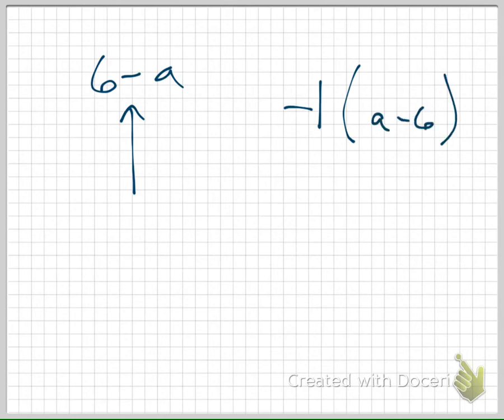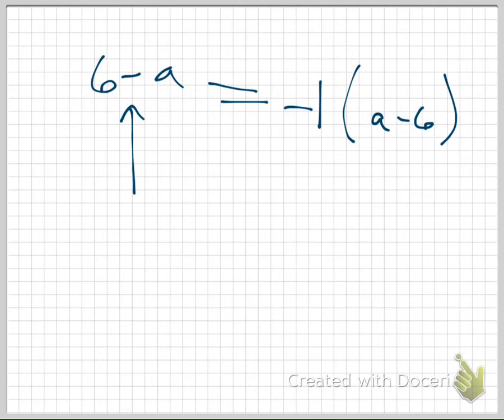If I have 6 minus a, and I want it to say a minus 6, you go, oh man, if only that was a minus 6. Here's the only thing you need to do: it is negative 1 times a minus 6, and you're good. This and this are the exact same thing. They're identical.